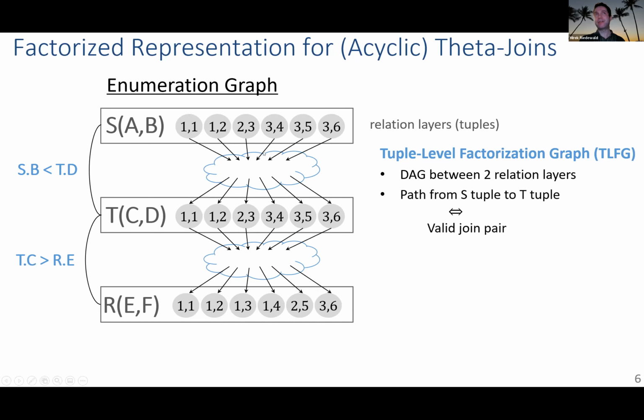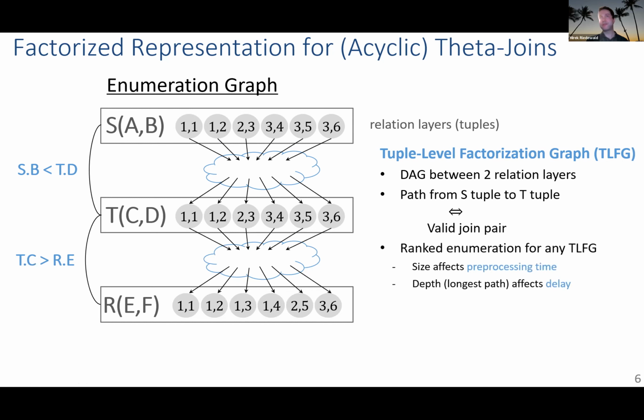And there is a path from a tuple in one layer to a tuple in another if and only if these two tuples are joining together. So for instance, s.b less than t.d. If we're looking at the tuple like 1,2 here, it joins with 2,3. And so there should be a path between the two. On the other hand, from 1,2 to 1,1, since they're not joining, there should be no path.